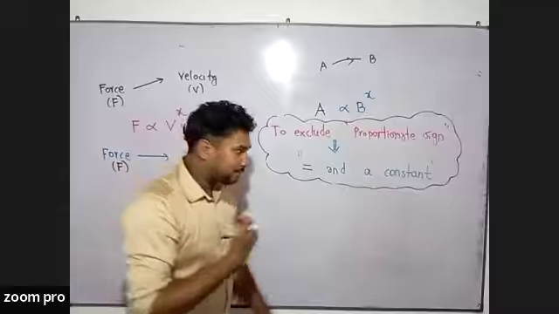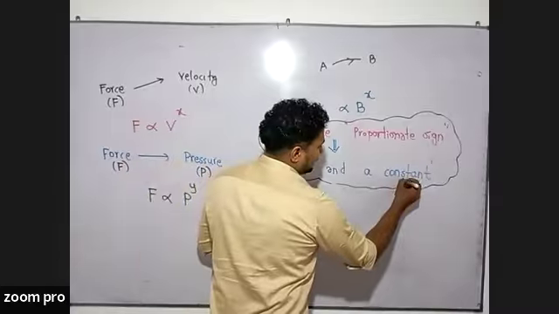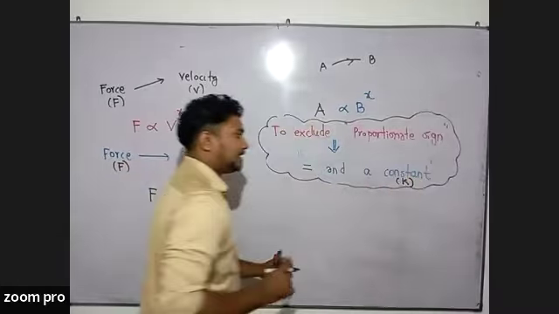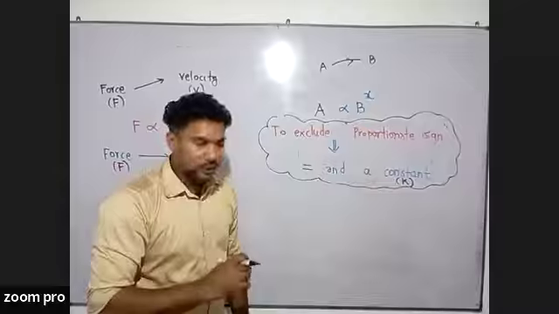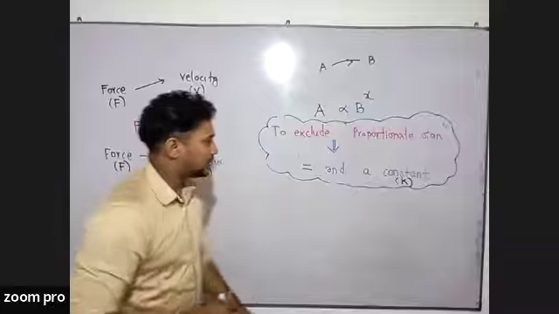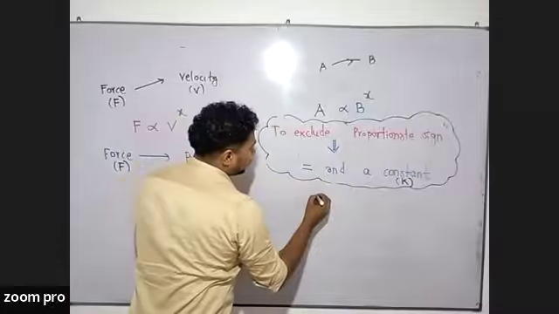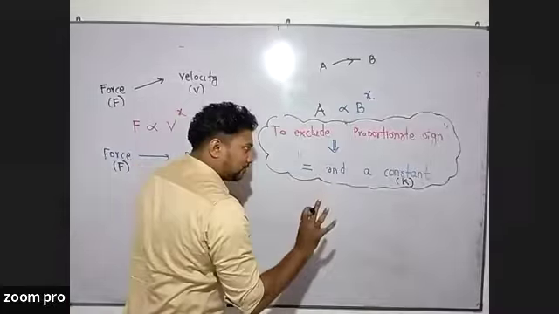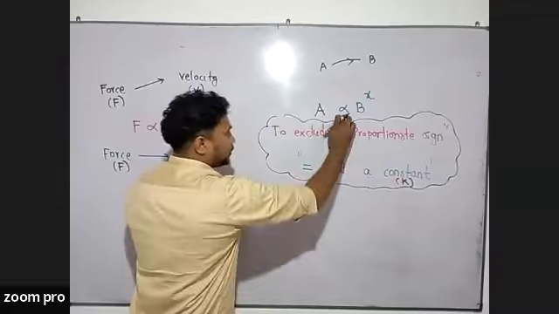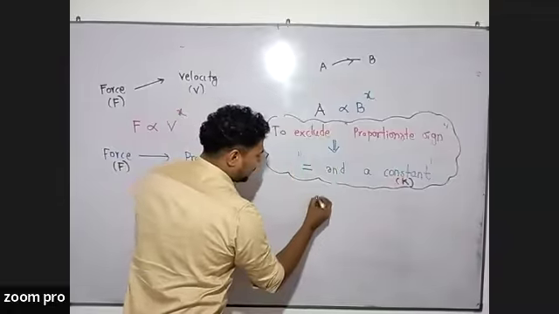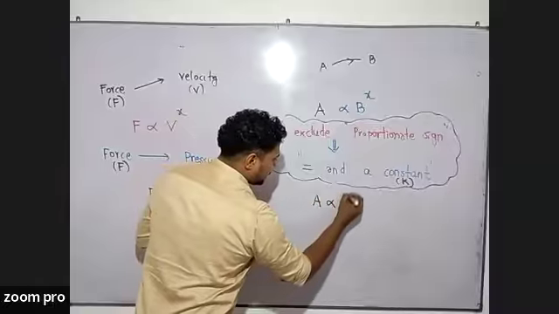Guys, normally we represent the constant as k. That is not the exact one, but generally we use k to represent the constant. So to exclude the proportionate sign, what we need to do is put an equal sign and a constant.